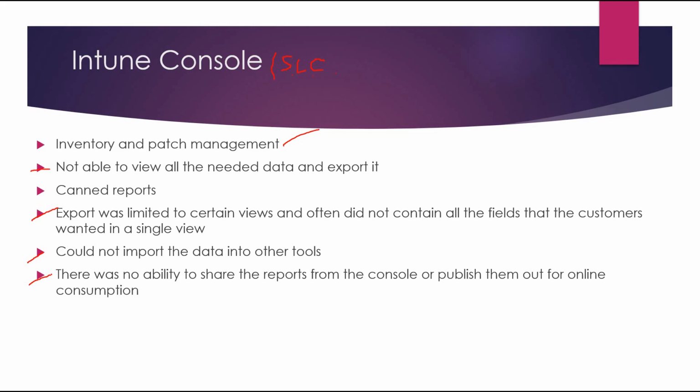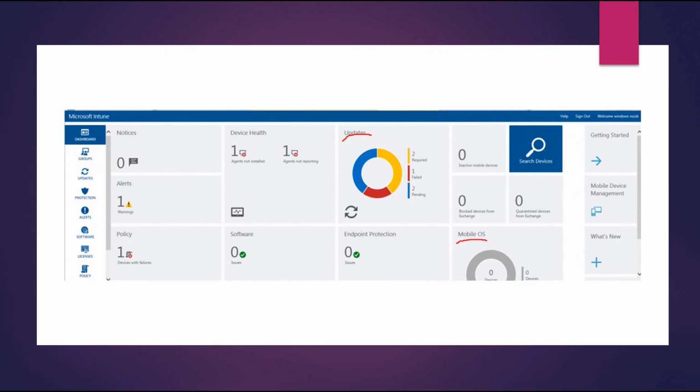He won't have to download any application on his device. He can just go to a URL, and going to that URL would give him real-time access to the report that the first admin has published. So this again did not exist in the Silverlight console. Okay, so these were a few of the drawbacks that we had in the Silverlight console.